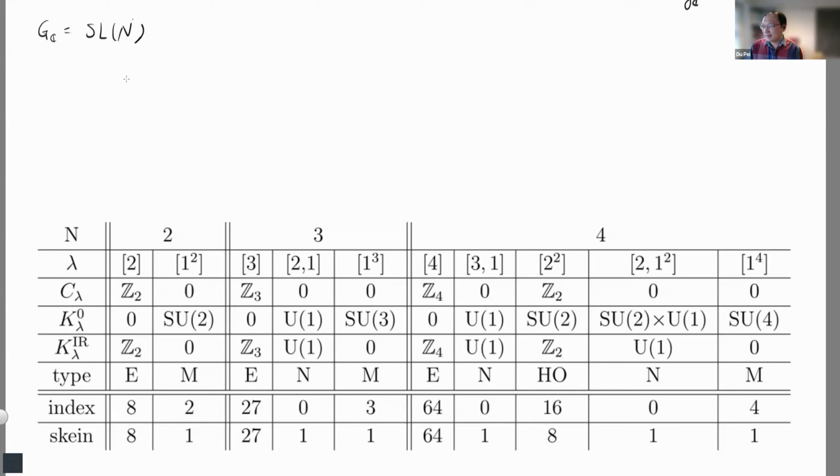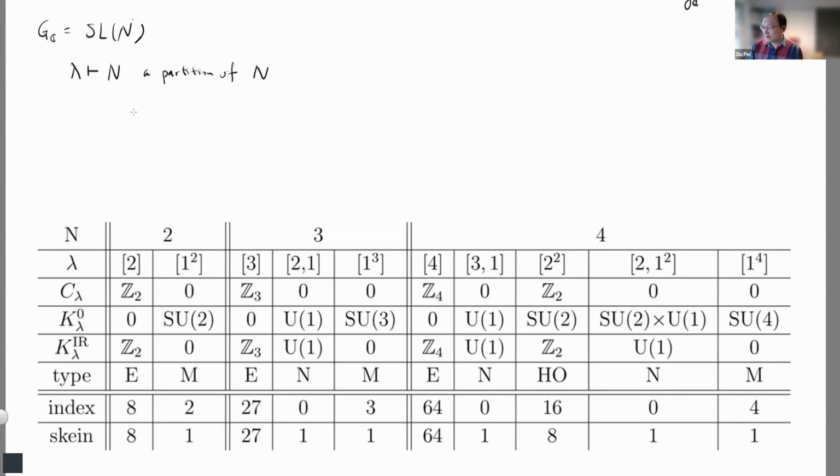And lambda, in this case, will just be a partition of n. So for n equals 2, there are two partitions, either just 2 or 1 plus 1. For n equals 3, there are three partitions: 3, 2 plus 1, and 1 plus 1 plus 1. And for n equals 4, there are now 5 partitions.